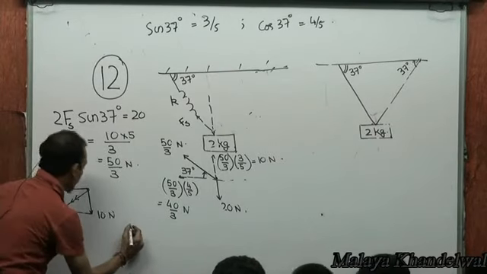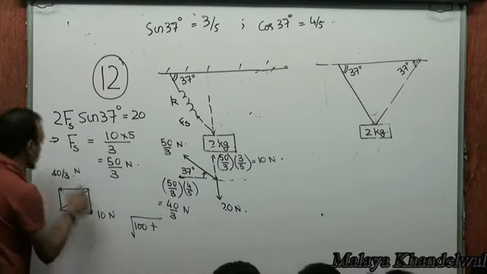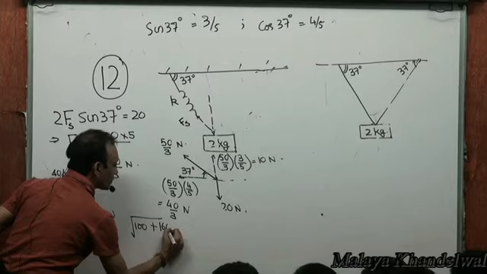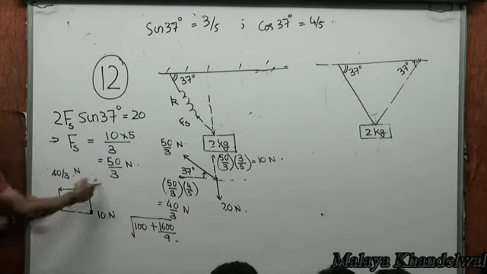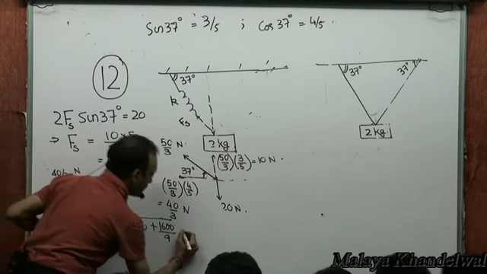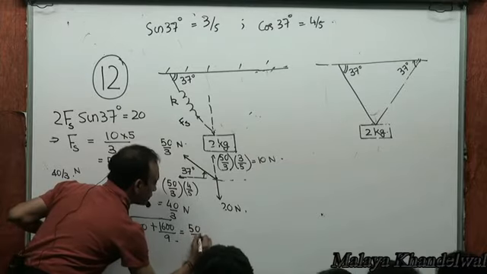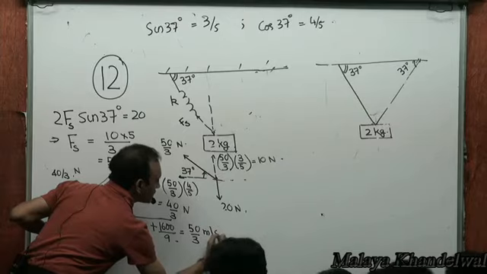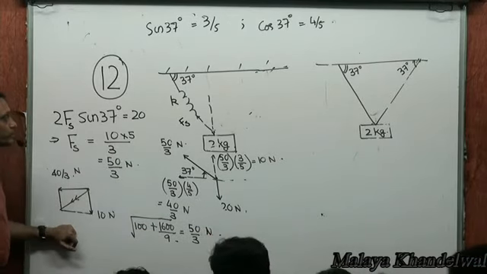So what's the resultant force? Root of 10 square plus 1600 by 9. Root of 900 plus 1600, so 2500 by 9. So 50 by 3 newtons is the net force.